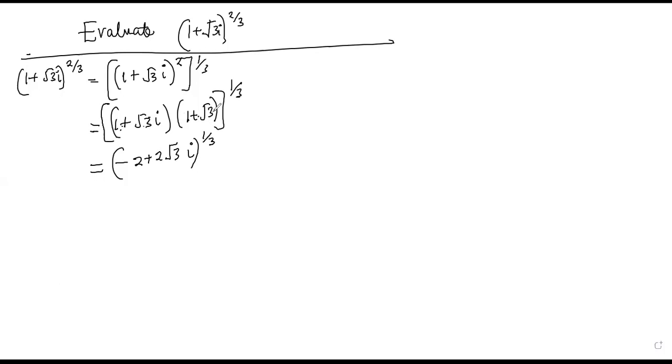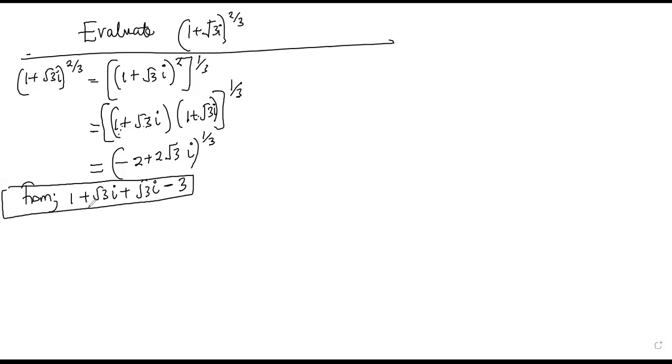So the expansion, 1 times 1, you get 1, plus root 3i plus another root 3i. Then because of this negative, it will be -3, because i times i is -1, but root 3 times root 3 is 3. So 1 minus 3, that is -2. Root 3i plus root 3i, that is 2 root 3i.